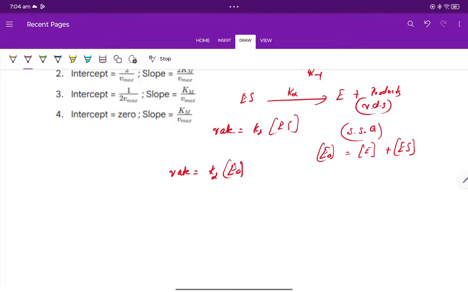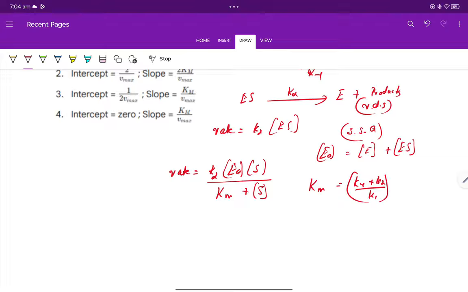E0 multiplied by S, and in the denominator you will have Km plus S, where Km is called the Michaelis-Menten constant. It is just the ratio of k inverse 1 plus k2 by k1.